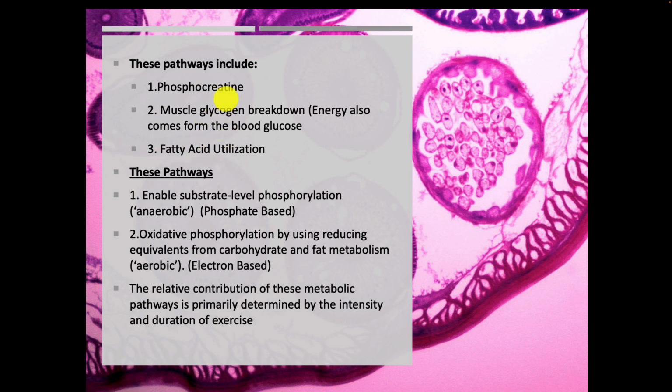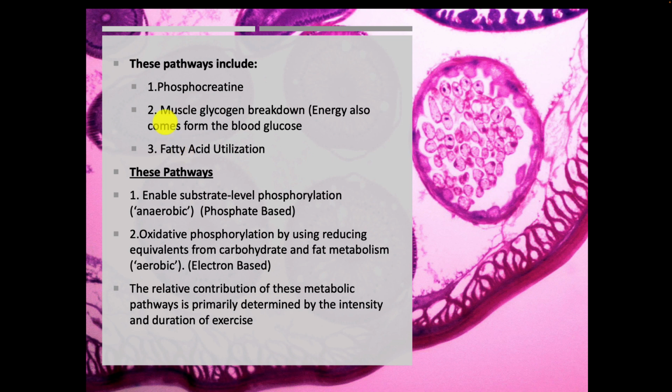And then the final pathway is fatty acid utilization. So when we start to deplete this pathway and this pathway, that's going to rev up this pathway. And this pathway here is very long standing, which means we can stay in that fatty acid pathway for a very long time because we have a tremendous amount of energy stored in fatty acids.